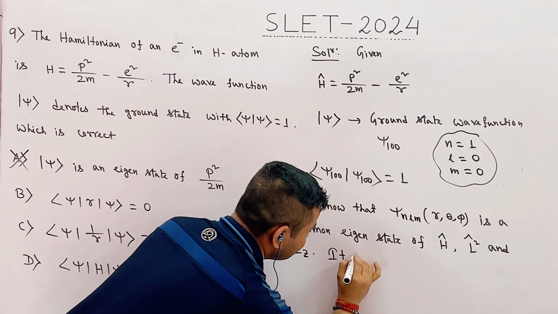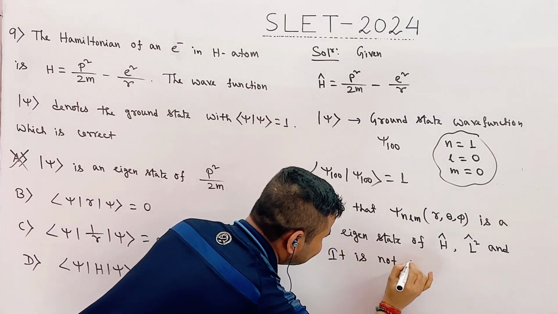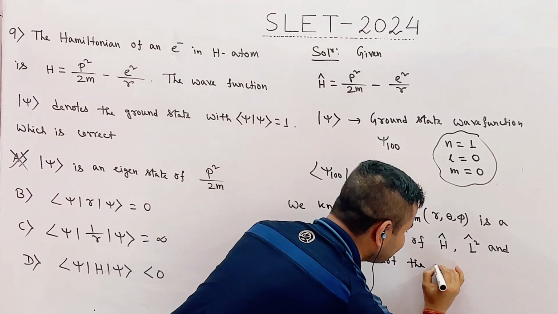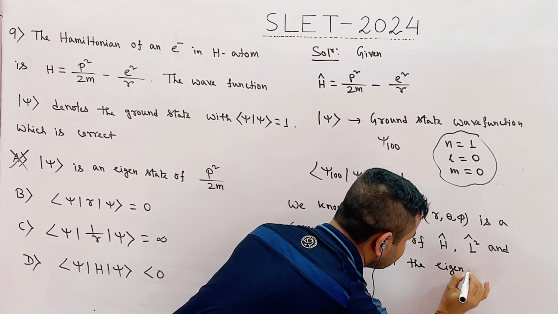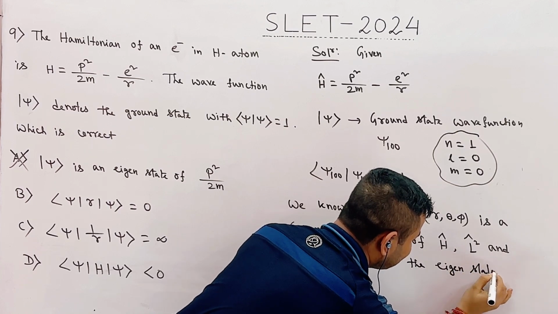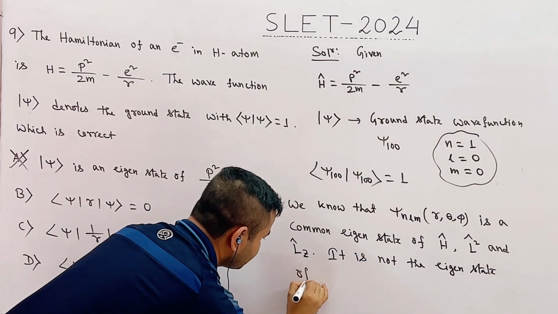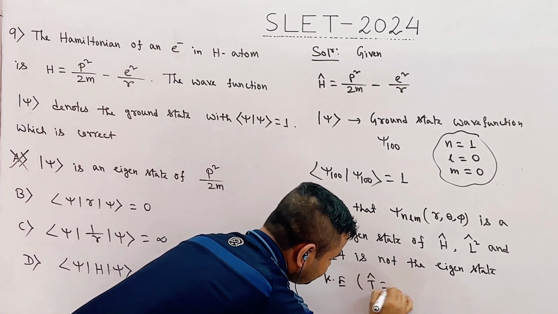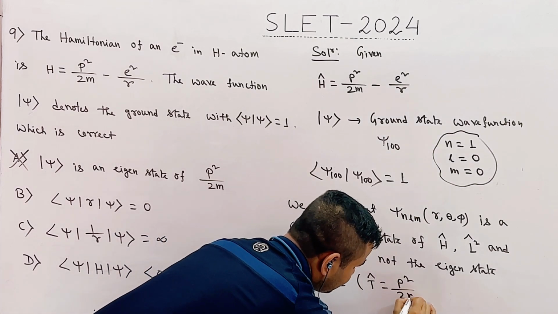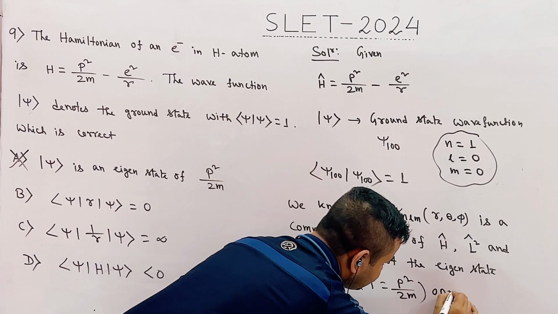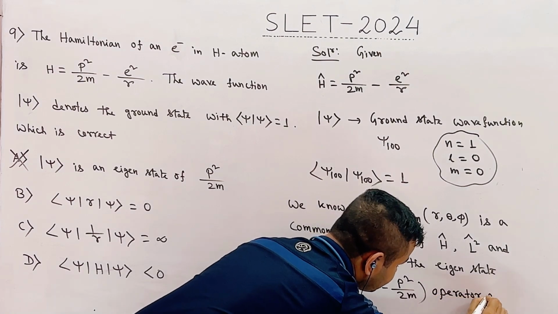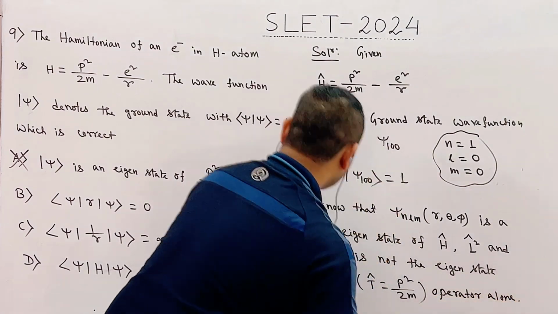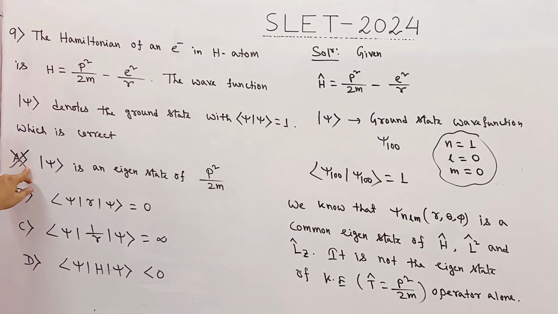It is not the eigenstate of kinetic energy operator alone. Okay? So, therefore, option A is incorrect.